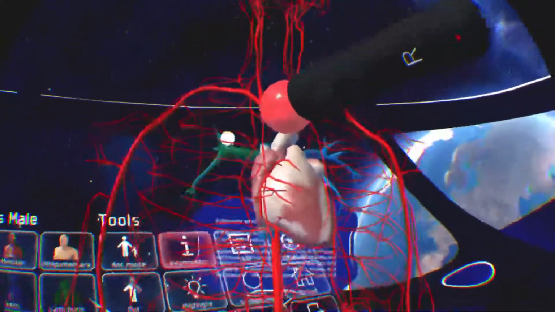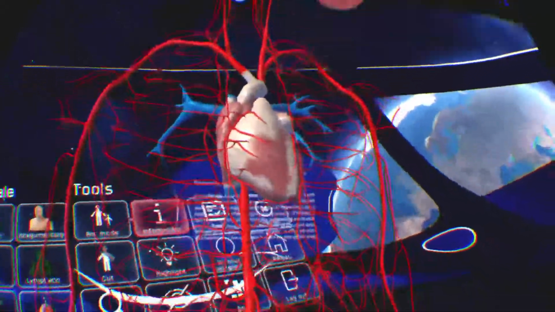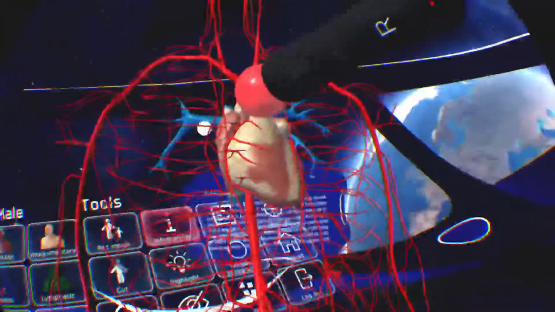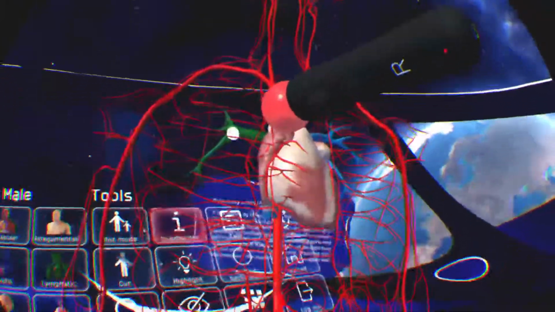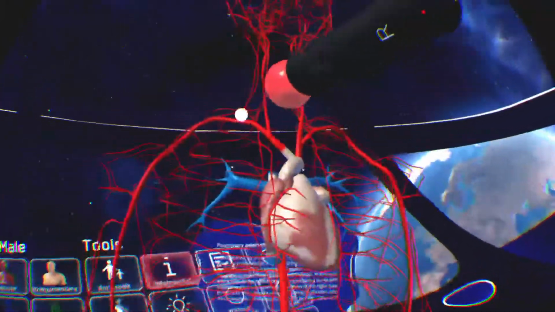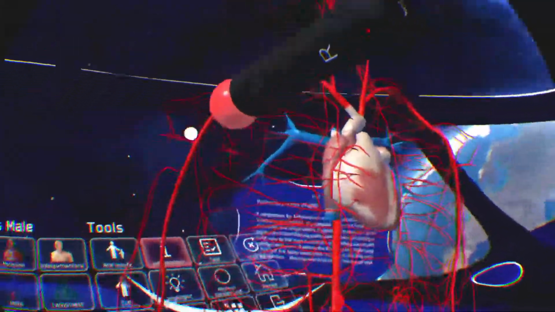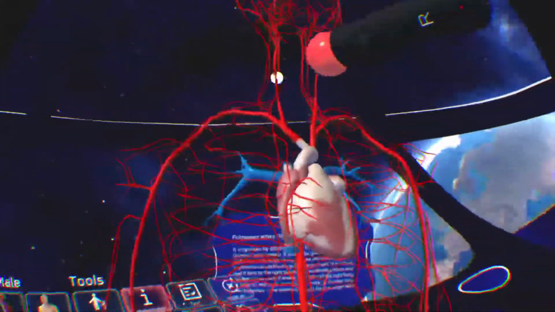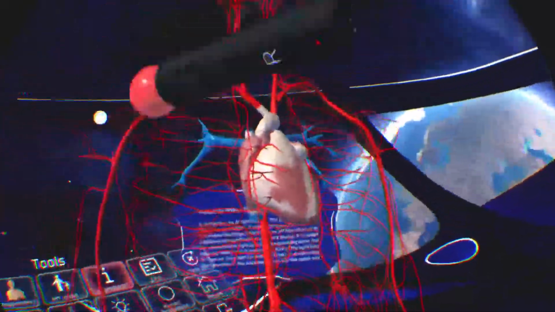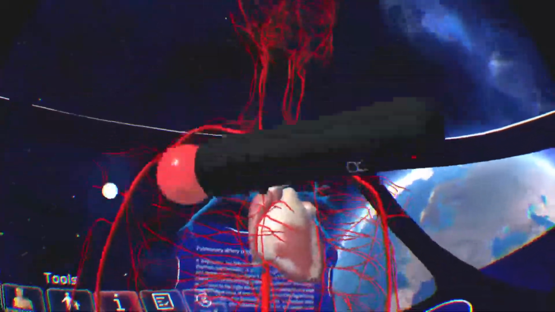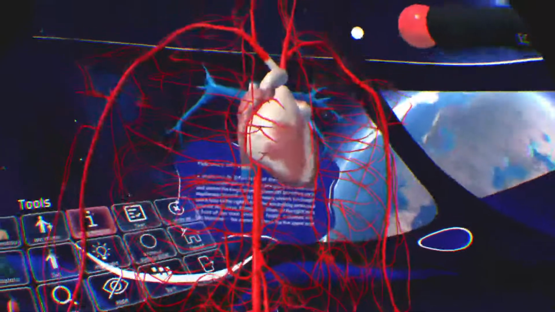And the colors are denoting whether it's carrying oxygenated or deoxygenated blood. The red arteries, okay, they are carrying oxygenated blood throughout our body. It's very good.